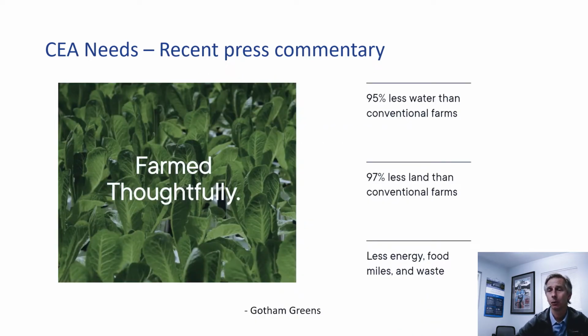Another important component of indoor agriculture is that it uses much less land than conventional farms. It can be 97% less land than conventional farms. And that brings two advantages. One, instead of farming the leafy greens out in the field, exposed to the weather and seasonality, it's brought indoors, and in a controlled environment, it can be a perfect growing cycle.